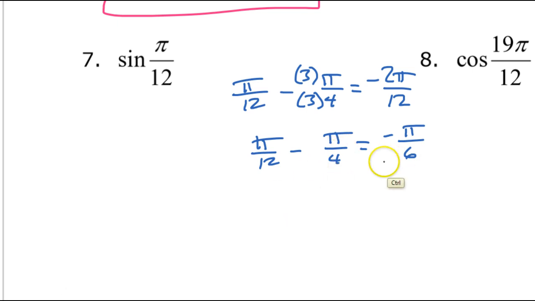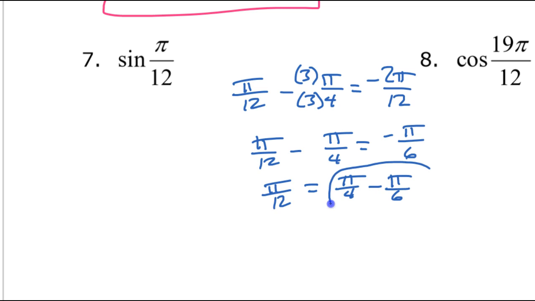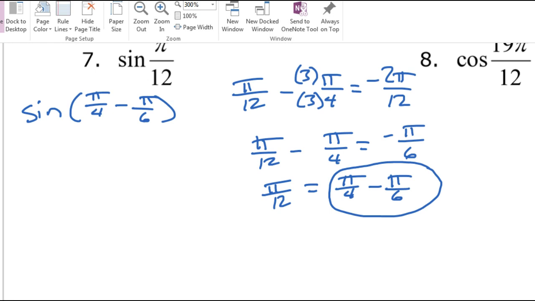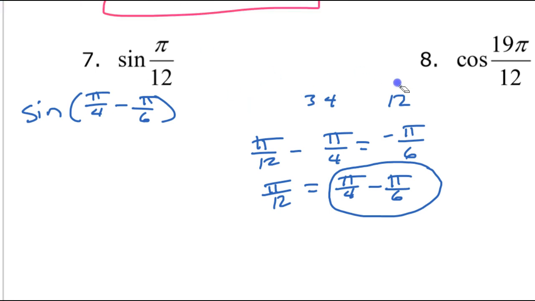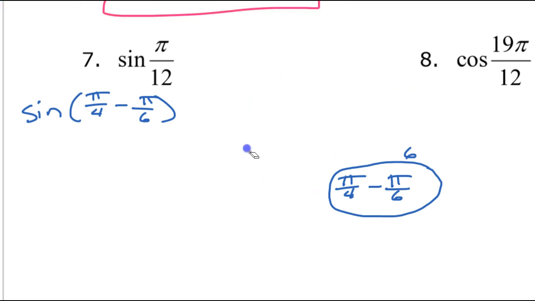Then if I add pi over 4 to both sides, that's going to give me pi over 12 is equal to pi over 4 minus pi over 6. So this is what I'm going to use for my substitution. So I can rewrite the problem as the sine of pi over 4 minus pi over 6. All right, so let me just erase all this mess in case I need the space.